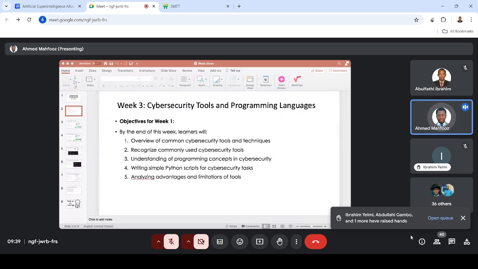So in your organization, you have to think about what are the appropriate tools to use in monitoring or protecting each part of the network. For instance, maybe you have a server room. In your server room, or in some working locations, you can install a CCTV camera to monitor who is going up and down.